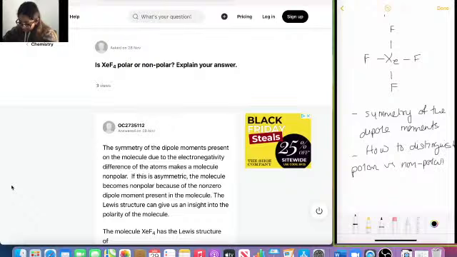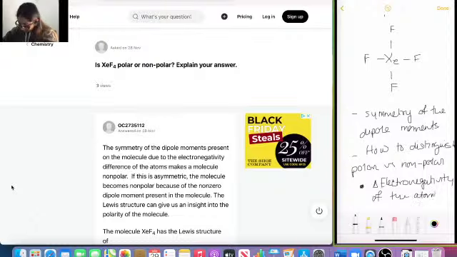This has to do with the difference of electronegativity of the atoms that are involved.